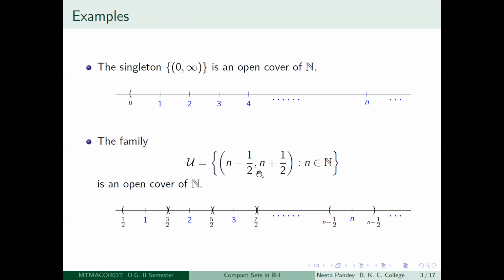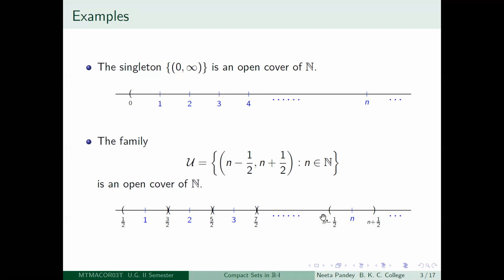So this is this one, and this had only one thing, right? So we just want to see whether this family will have a finite subfamily or not. See, again, look at this picture. If you look at any n minus half to n plus half, that will contain only the positive integer n. It will not contain n minus 1, it will not contain n plus 1.